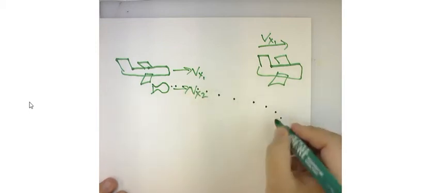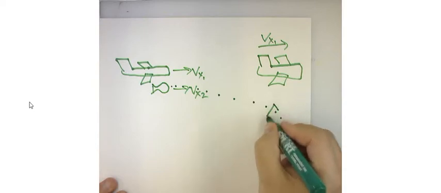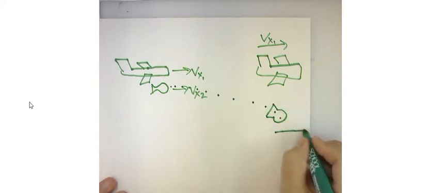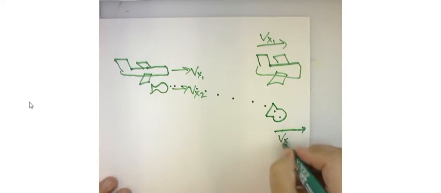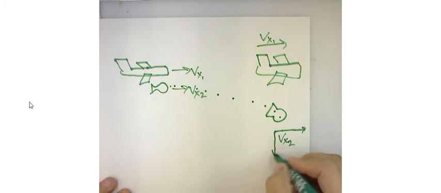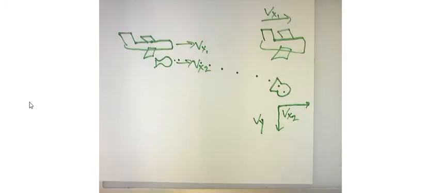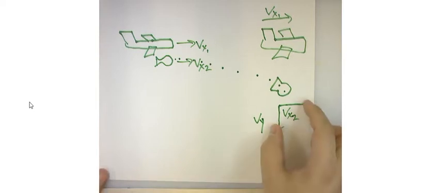It actually will hit the ground because gravity forces it to come down. But the velocity in the x direction does not change. The only thing that's changing is that it now has a velocity in the y direction. And the total velocity of this is the resultant vector of these two vectors.